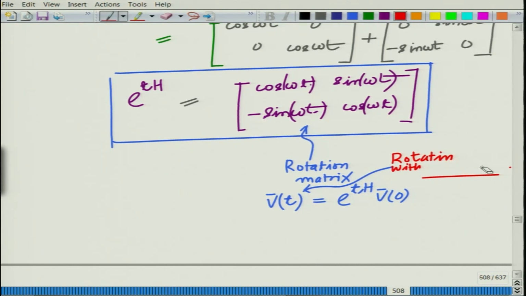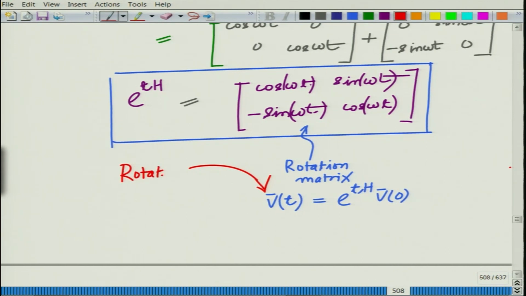Let me just clarify this. This is rotating with angular velocity omega.